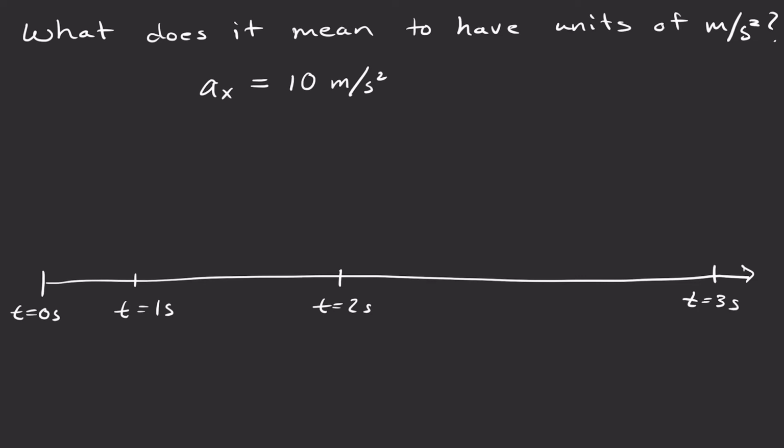Okay, and so say we have a car, and it's the one that's accelerating at 10 meters per second squared. So initially, the car isn't moving. So 0 meters per second.